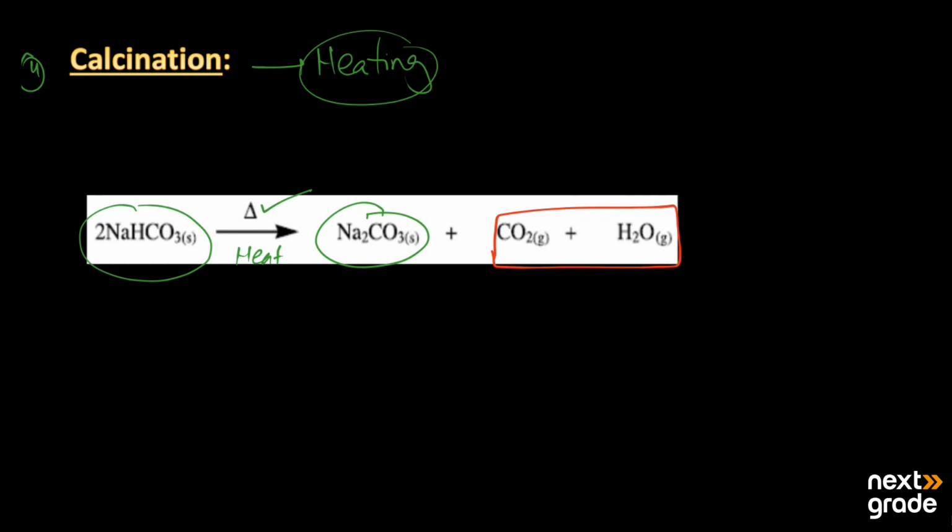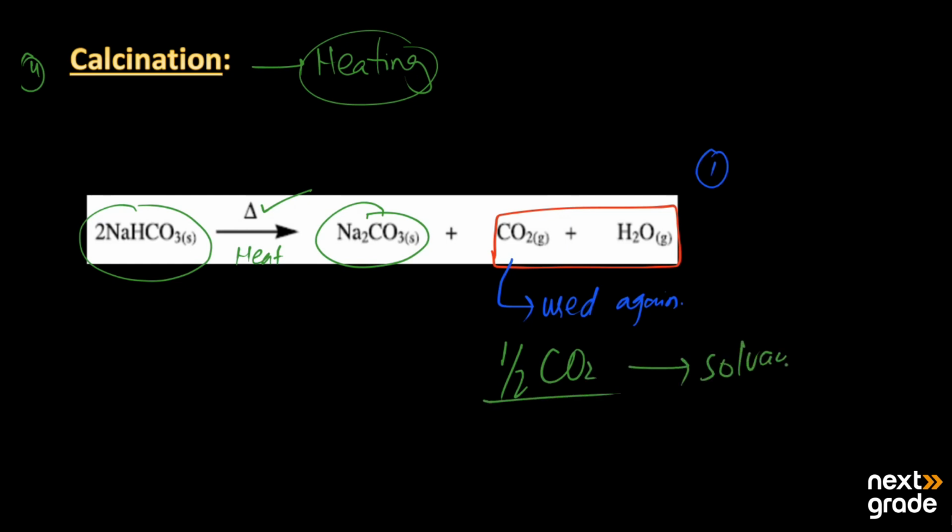This carbon dioxide prepared in the calcination process can be used again, and it is fed into the tower in the first step. The carbon dioxide we gain is about half of the carbon dioxide we need for Solvay's method. So this method is useful because the main reactant we need can be gained as a byproduct in the calcination step.